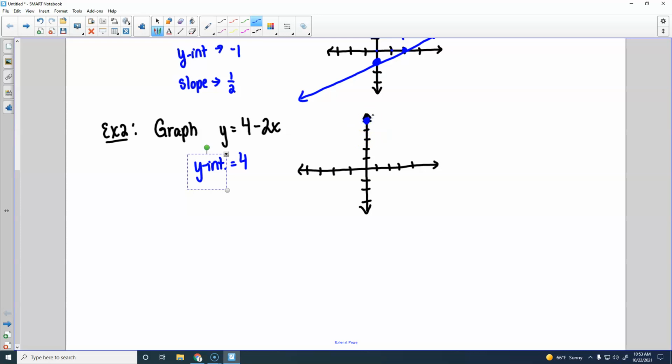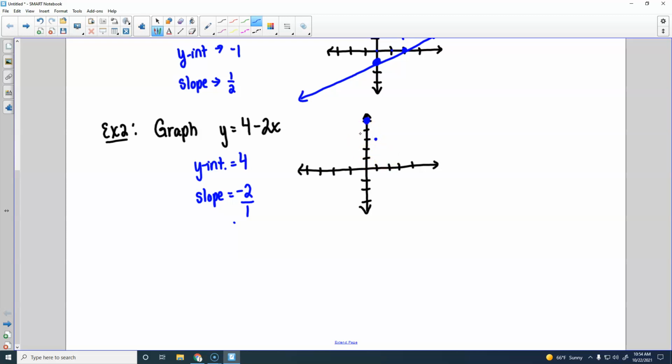We had 4. And Presley, what is our slope? -2. Now, like Jada was asking, this is not a fraction, but I need it to be a fraction so I can do rise over run. So what do I do with this -2? Easton? Underneath it. Good. So now this tells me to go down 2 to the right 1, down 2, oh, I graphed that wrong. 1, 2, 3, hold on.